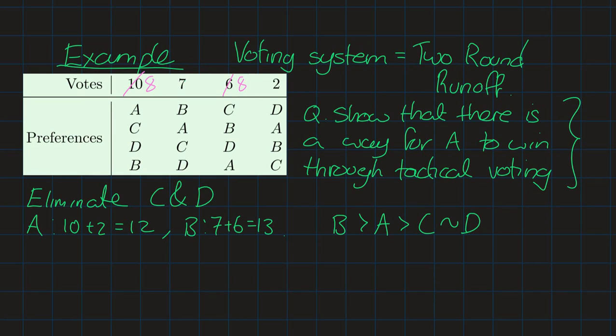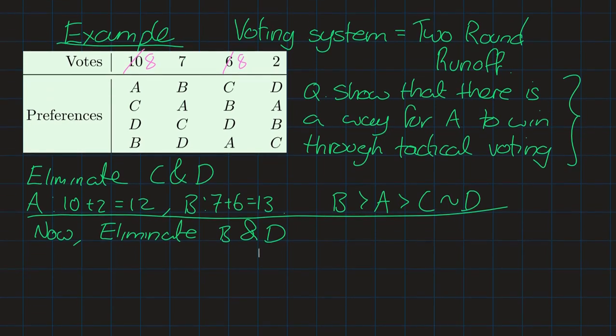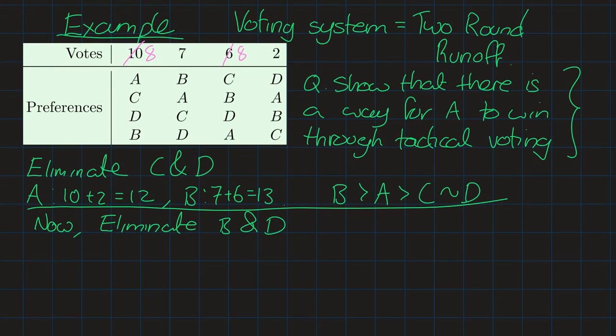Well, now who gets eliminated? A has 8 votes, B has 7, C has 8, and D has 2. So now we eliminate B and D. Which is good. This is a good start because previously when everyone was voting sincerely, B was the actual winner overall. And now I've managed to eliminate B in the first round.